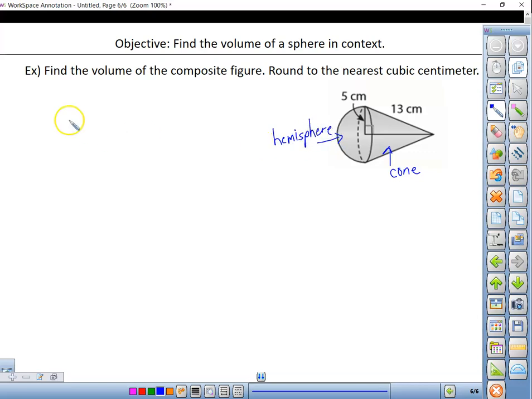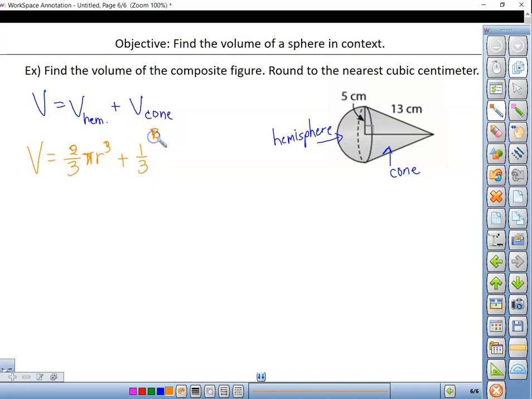So our composite volume is going to be the volume of that hemisphere added to the volume of our cone. Hemisphere, remember, is half of a sphere, so that would be 2/3 times pi times radius cubed, plus the volume of our cone, we have learned, is 1/3 times our base area.